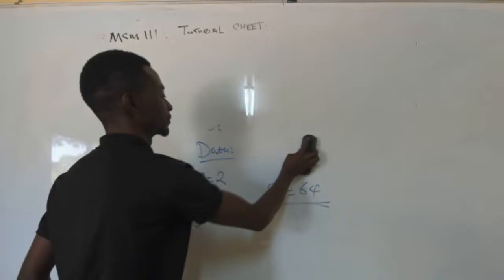Let's pick question 6, Roman numeral 4. Just go down.